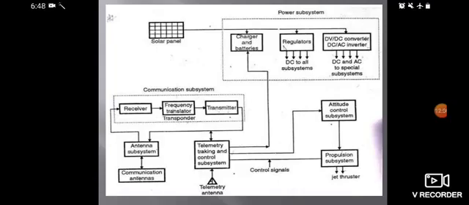And TTC, that is the telemetry tracking control subsystem, which will be monitoring the on-board conditions such as temperature and battery voltages, and transmitting the data back to the ground station. All of this analysis can be done within the TTC. That means whether it is having some temperature effects, or some voltage differences, or some problems across the battery voltages.